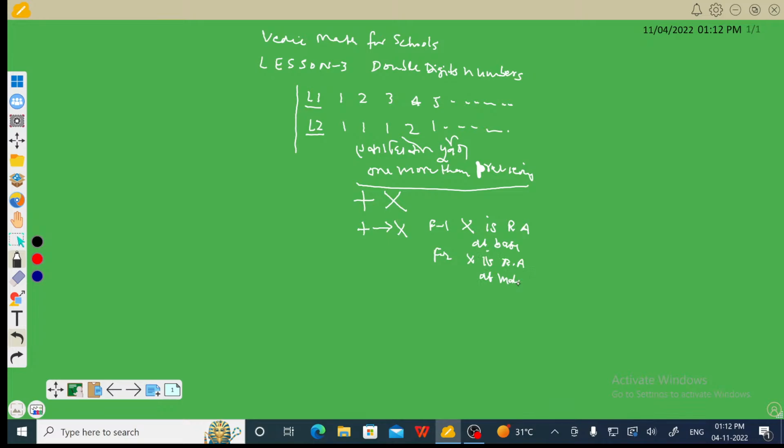Today we are going a step ahead, and now we want that we should avail Sutra 2. The text is Nikhilam Navatashcharamam Dashatah.